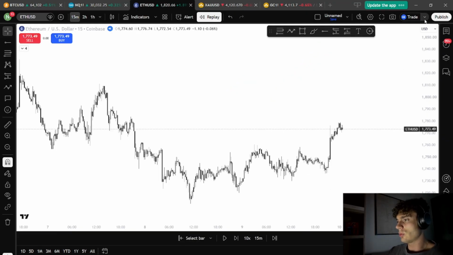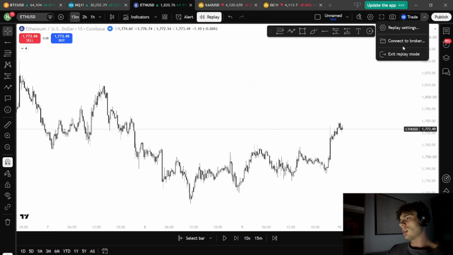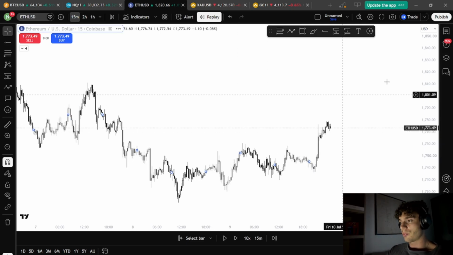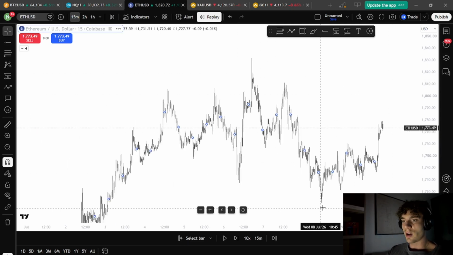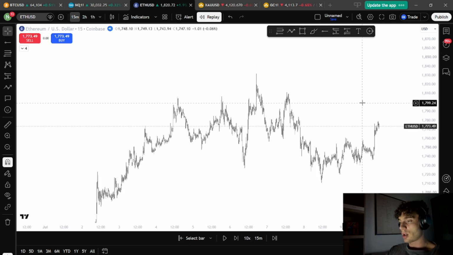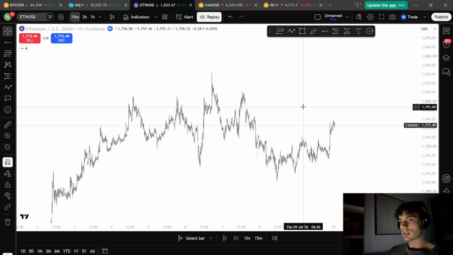Here, if you want to trade, you can connect your broker to TradingView, so you can open trades here in the app. I don't do that, to be honest. I have my MT5 separately and my broker separately from all of this. And I think that's it. If you have the normal version, I have the premium one, but I don't think you really need it.